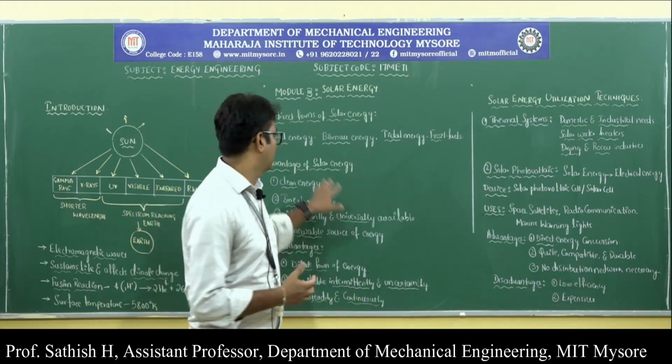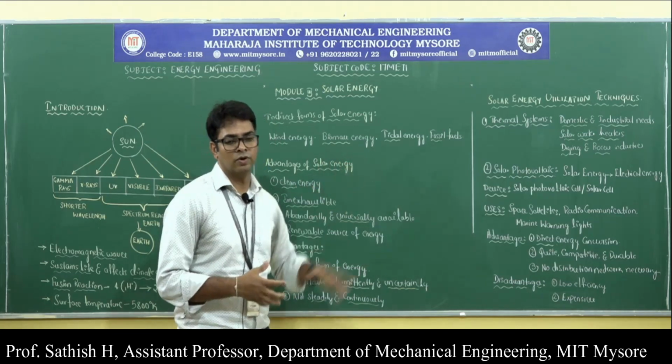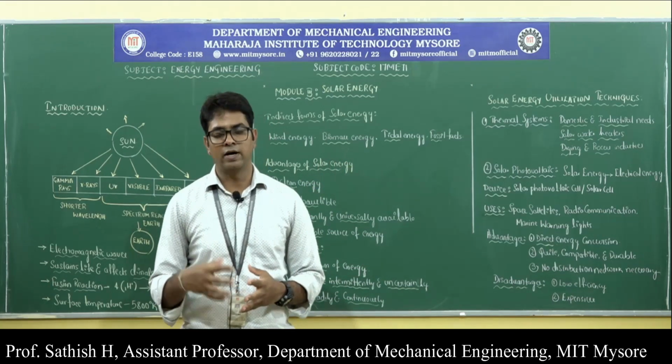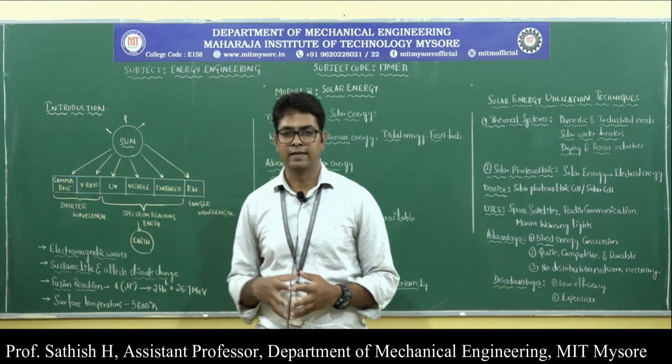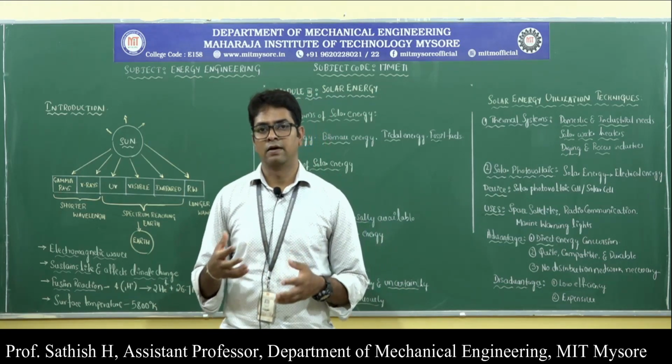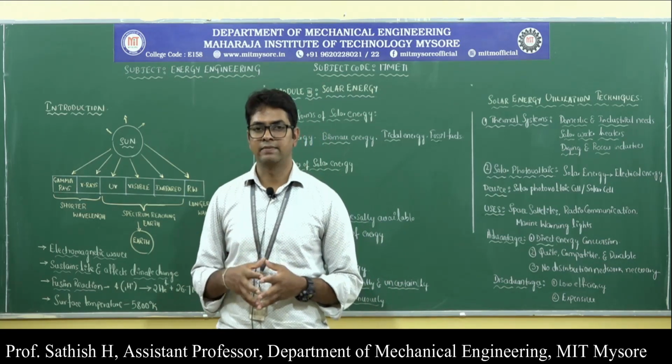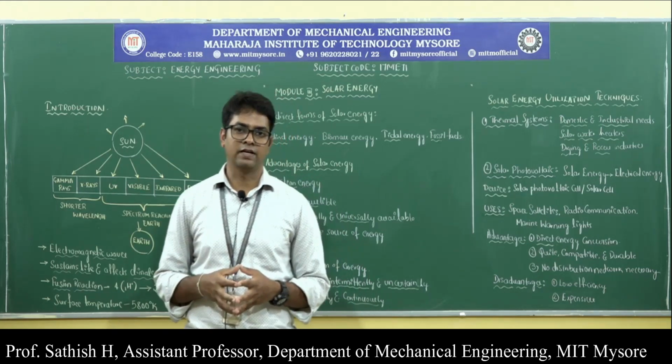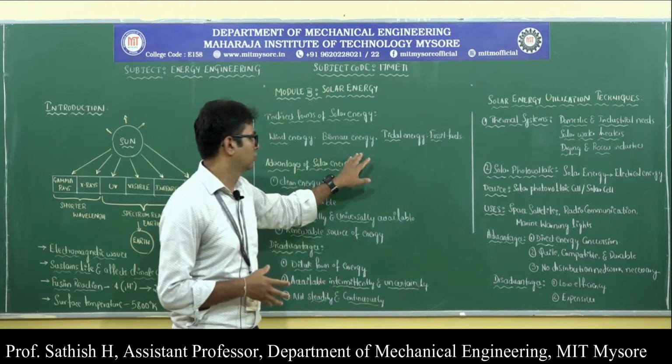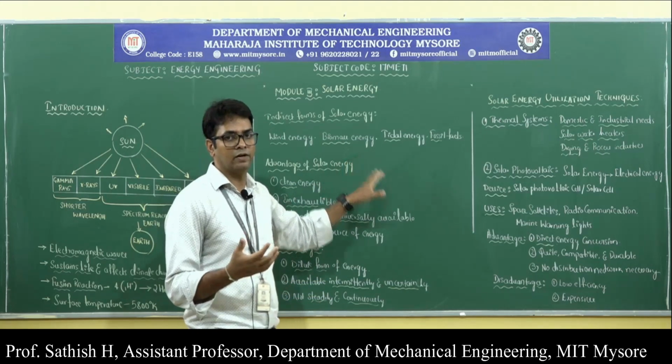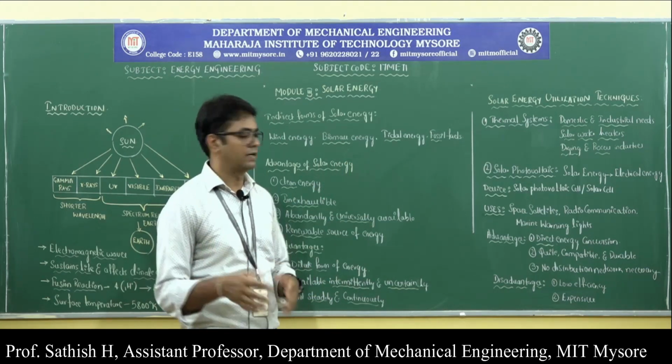When these plants grow and then decay, they accumulate in the sediments beneath the surface of the earth. That gives you the biomass energy that we utilize to do various works.